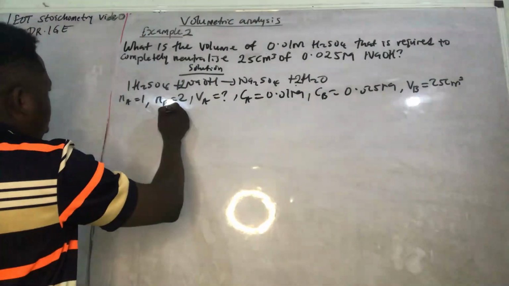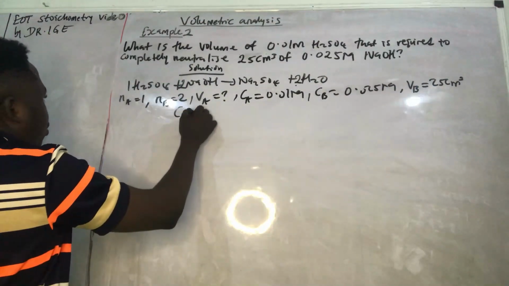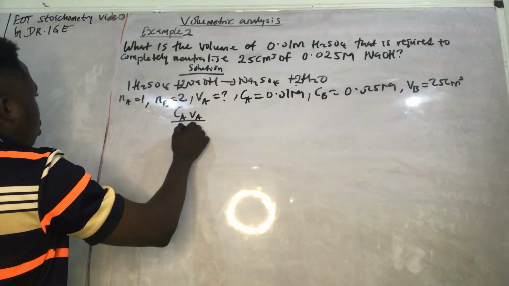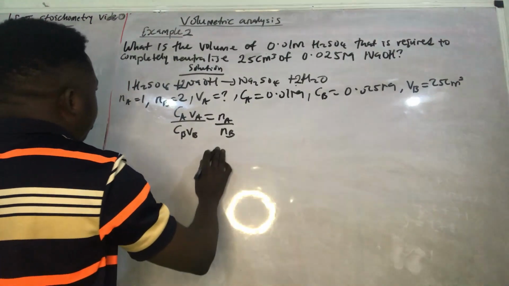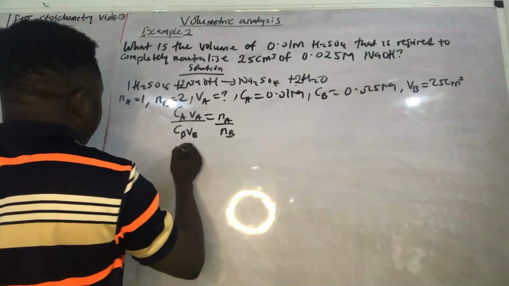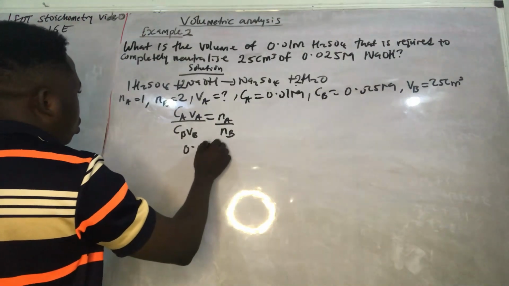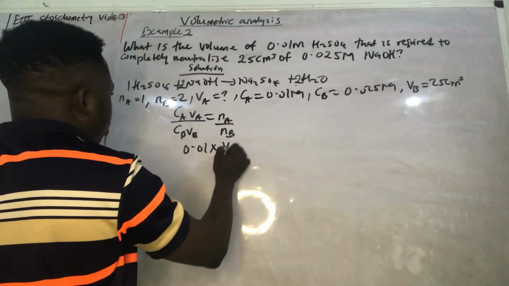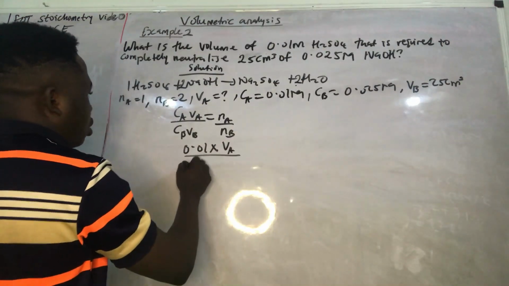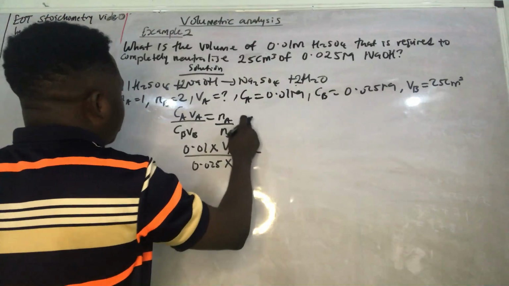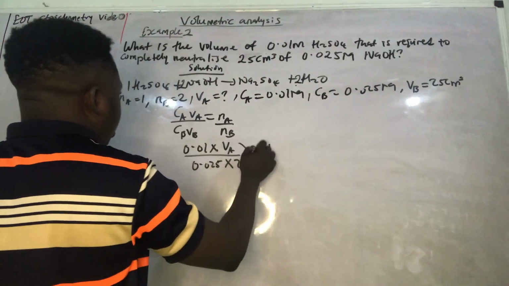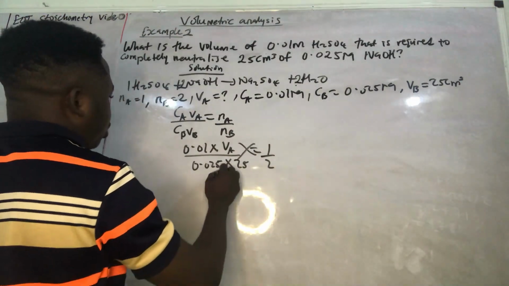So the same formula applies. CaVa over CbVb is equal to Na over Nb. Ca is 0.01. We are looking for Va. Cb is 0.025, Vb is 25. Na is 1. Nb is 2. So let's make Va the subject of the formula.